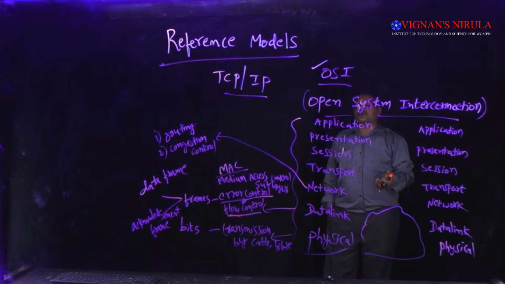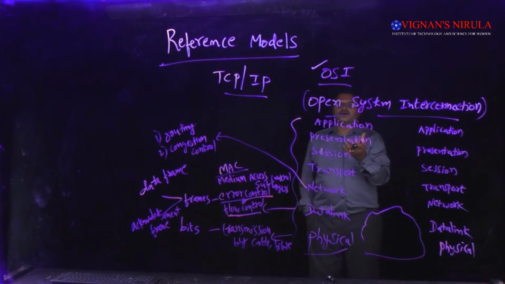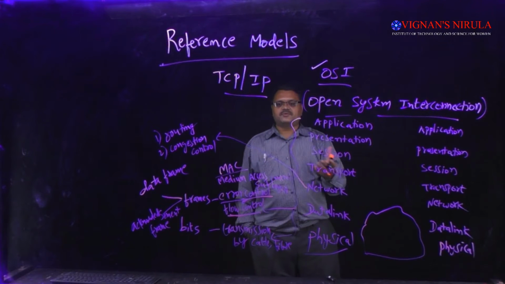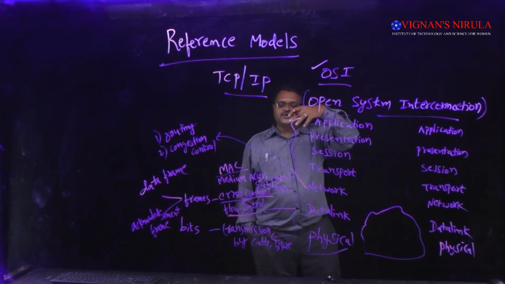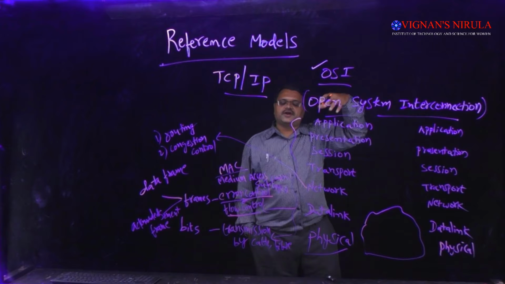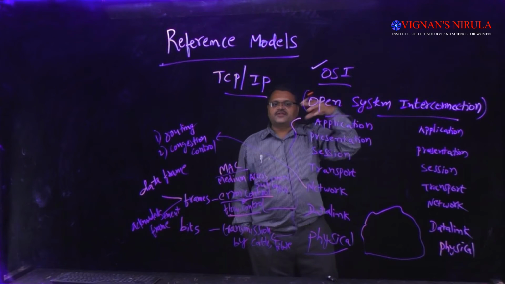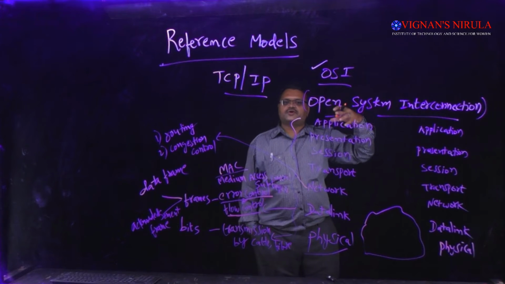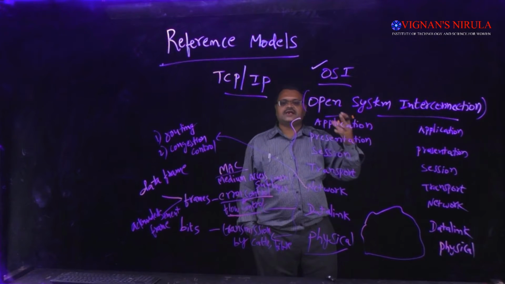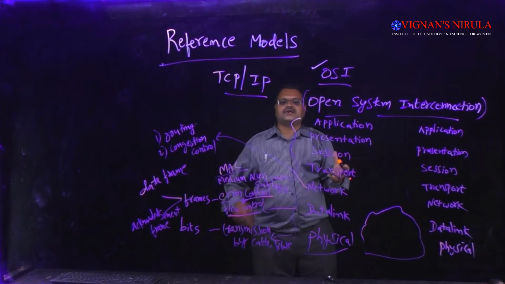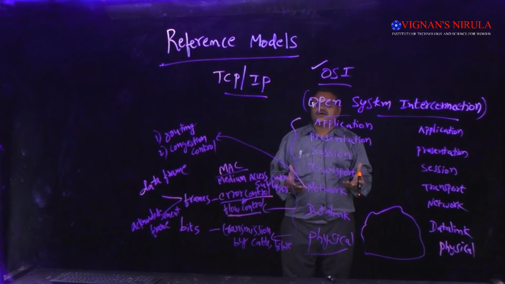So what is routing? Whenever we send a frame from sender to receiver, it will go through different routers, from one router to another router, and from that router to a third router. Like that, in the network, a network is nothing but a collection of routers, subnets, and transmission lines.